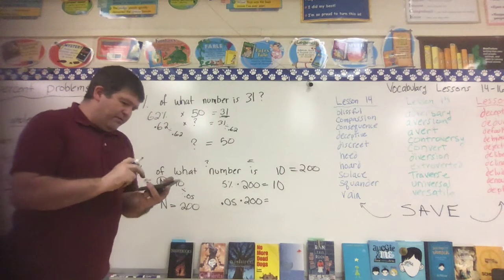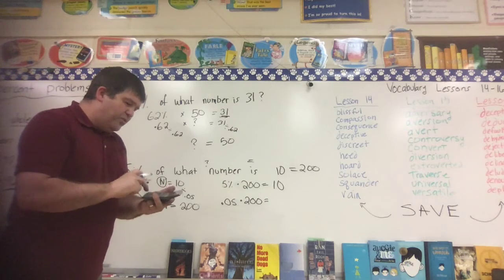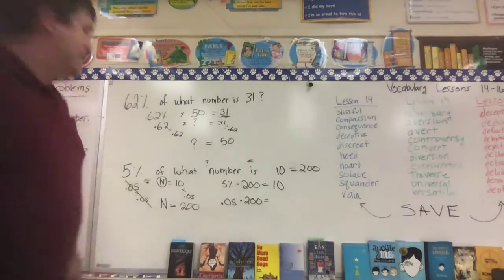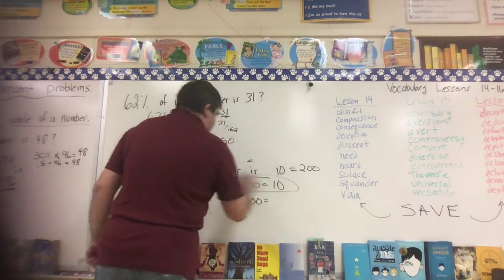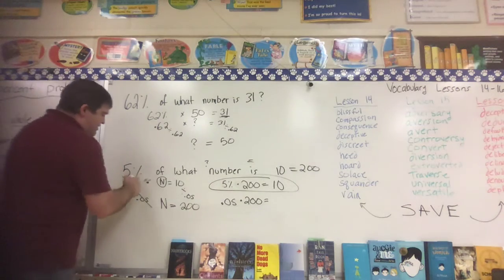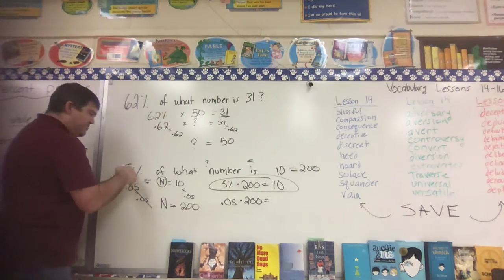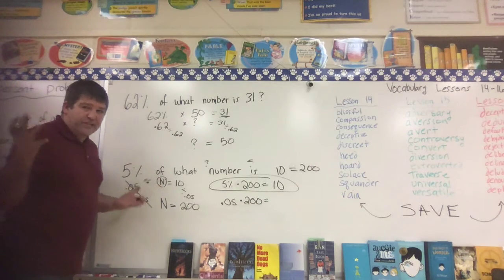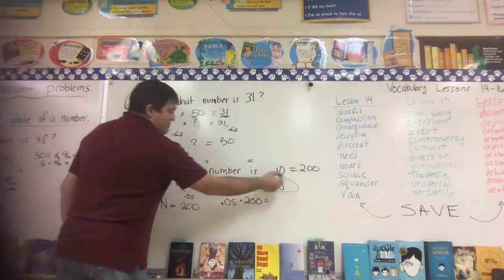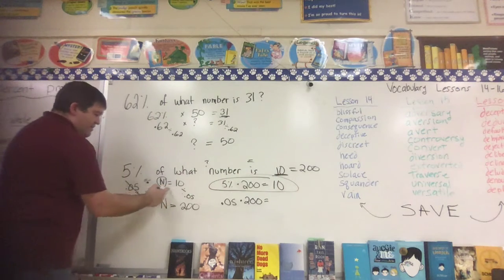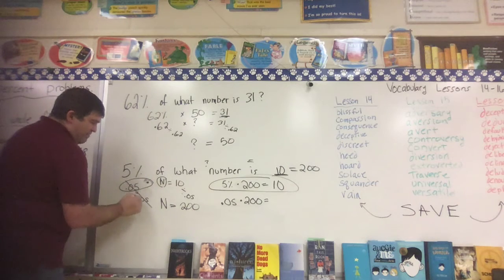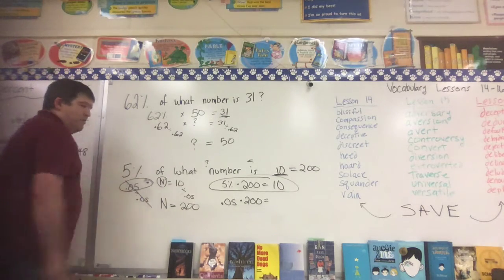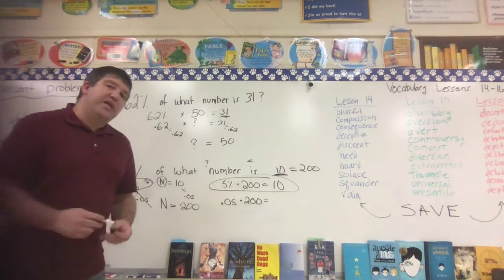Let's try it. 0.05 times 200 equals 10. Okay. So that's correct. So you just change the percent to a decimal, times n, your question mark, your variable, you're not sure what that is, equals what you've got, 10. Then you just get rid of this part by doing the opposite to both sides. Keep it in balance, and then you find out what your number is. And then always put it back in just to check it.